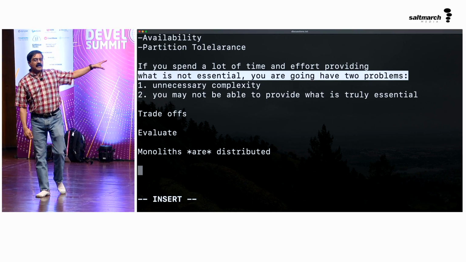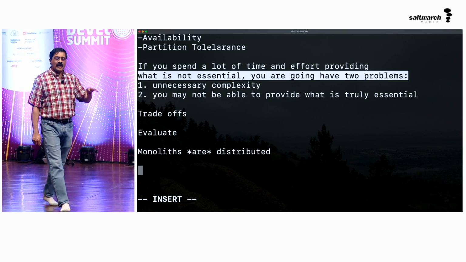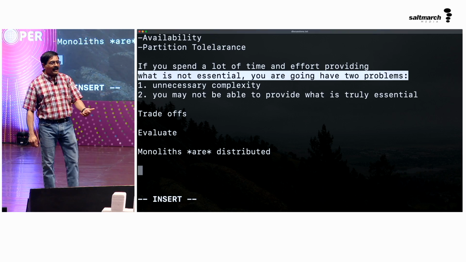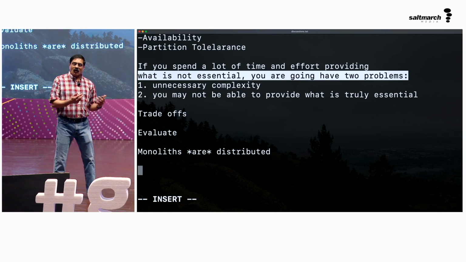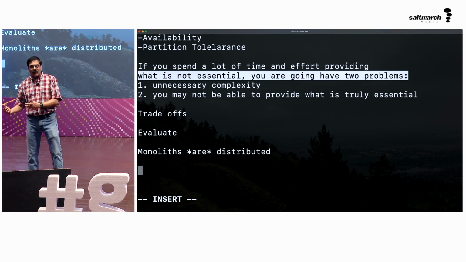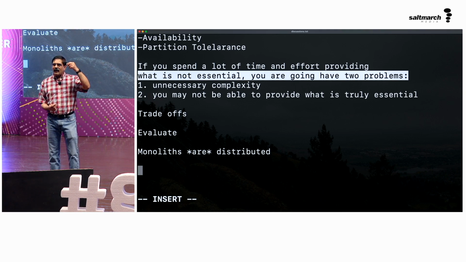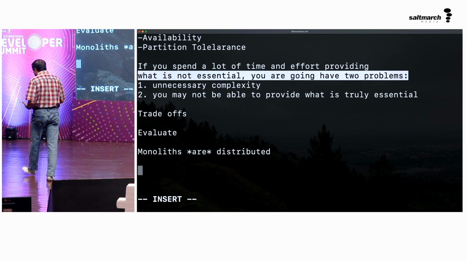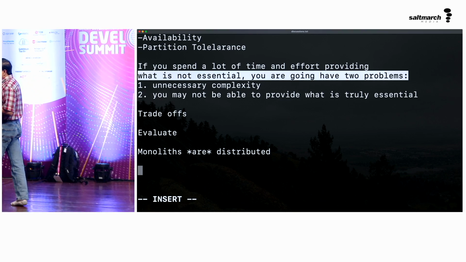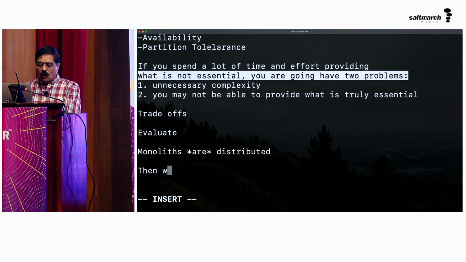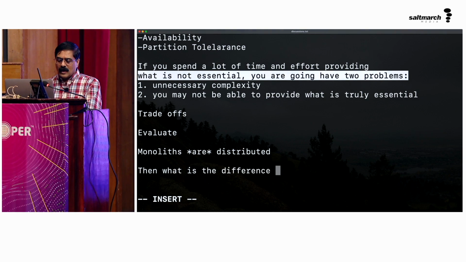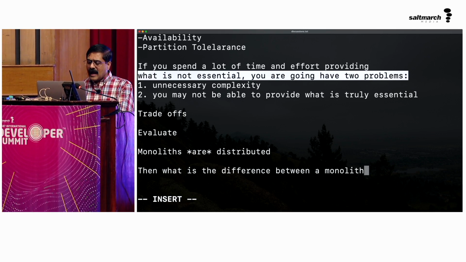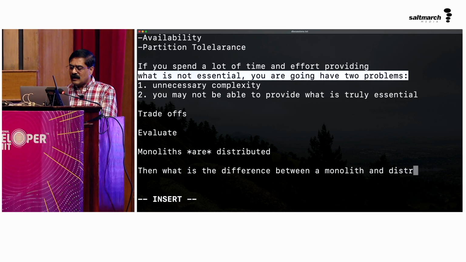So when we give names like this, the problem with naming is you may understand the difference for a while, but it gets lost in translation. The more we keep using the word monolith versus distributed, it etches in your mind, maybe then monoliths are not distributed. Then why are you not using the word distributed? This is where it gets a bit confusing. So monoliths are distributed. So then what is the difference, you could say, between a monolith on one hand, and maybe a distributed architecture?